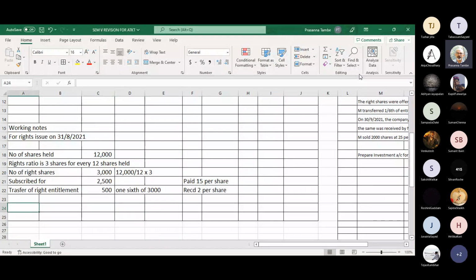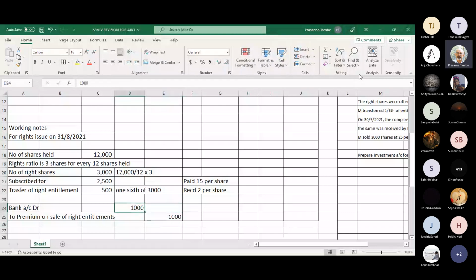That will be a separate entry. I'll write the entry here. Bank account debit to right entitlement. So for this, he will receive 500 into 2, 1,000 rupees.